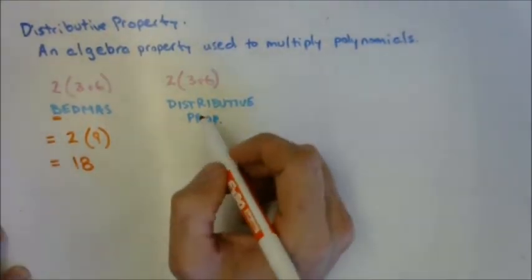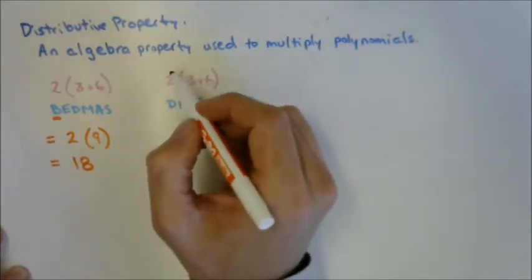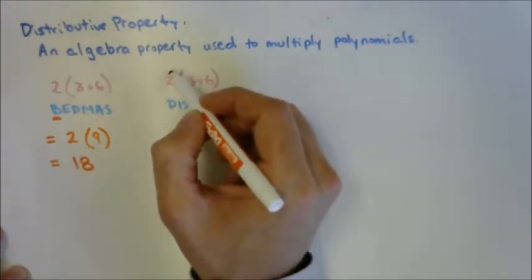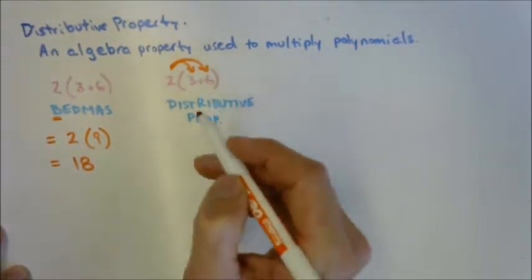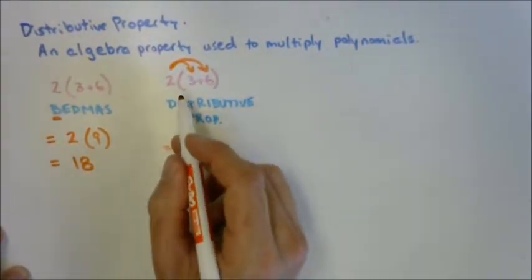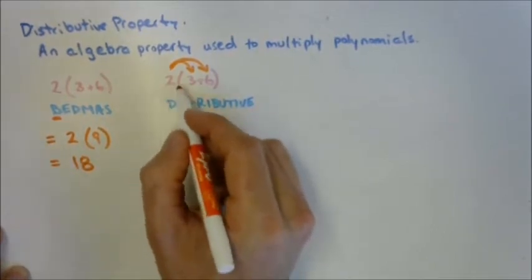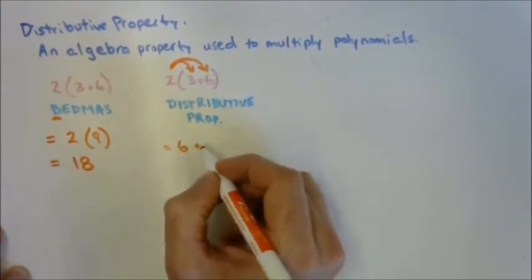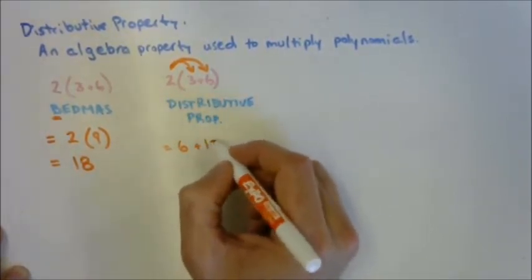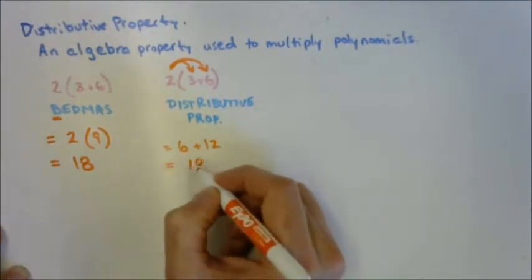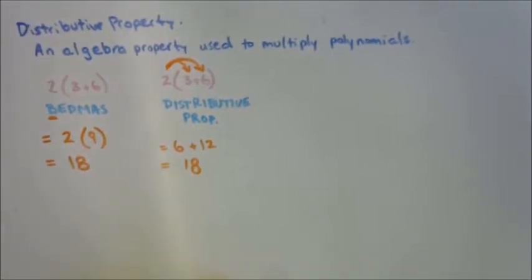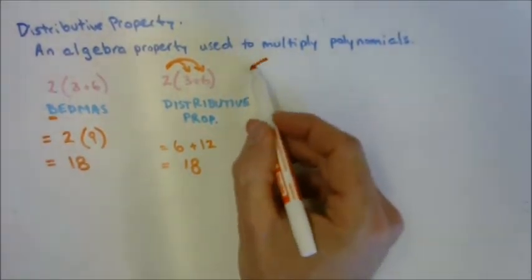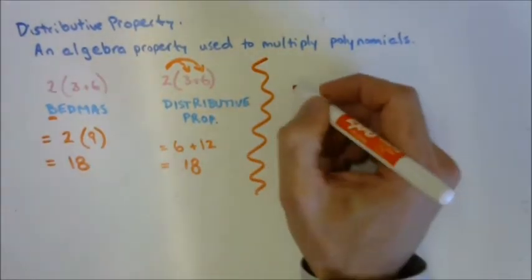If we use the distributive property, which in this case is not easier, but it is when you're dealing with variables, it means we're distributing the 2 to both terms inside the binomial. So 2 times 3 plus 6 means we're doing 2 times 3, which is 6, plus 2 times 6, which is 12, which equals 18. Did we get the same answer both ways? Yes, we did.